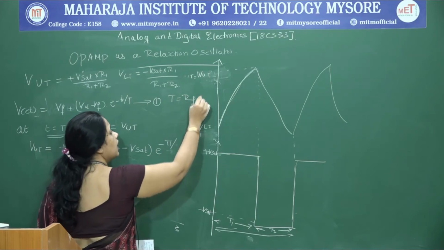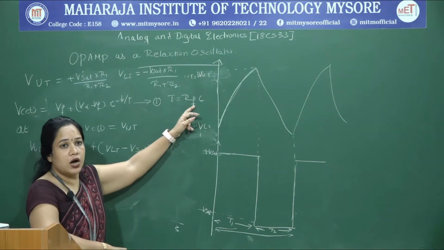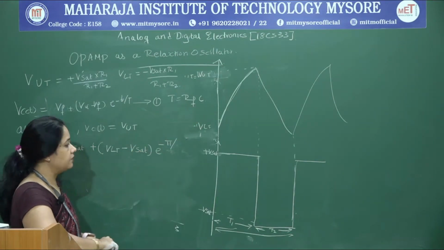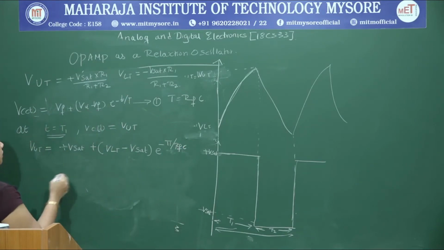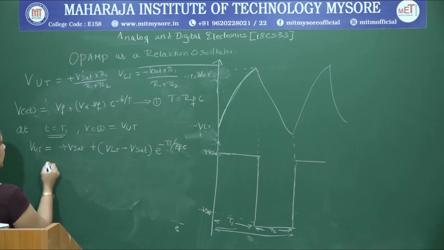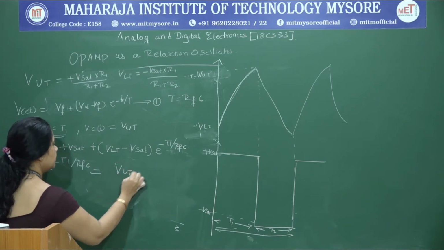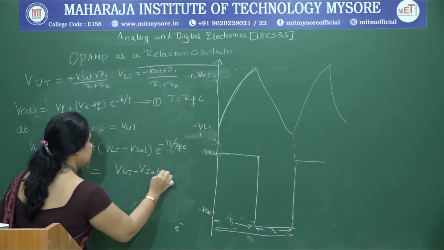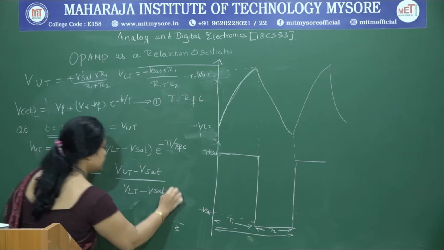The capacitor gets charged through RF into C. If you can recall the circuit, the capacitor gets charged through RF, so it is T1 by RF into C. Now, we rearrange this. We get e raised to minus T1 by RF C equal to VUT minus Vsat divided by VLT minus Vsat.